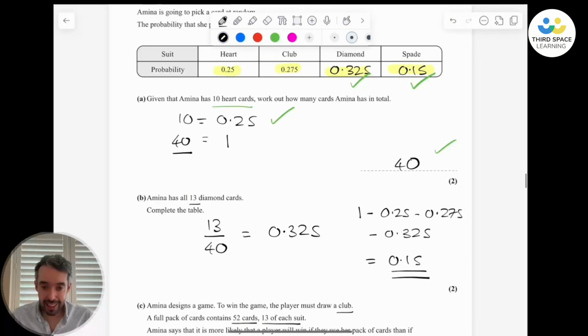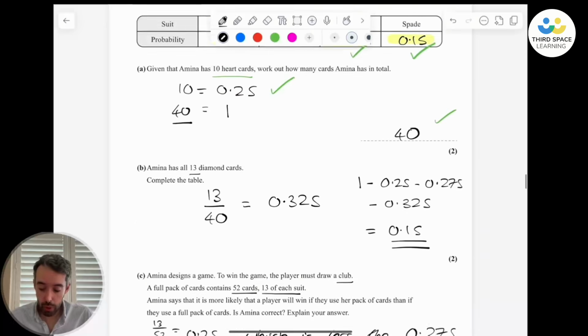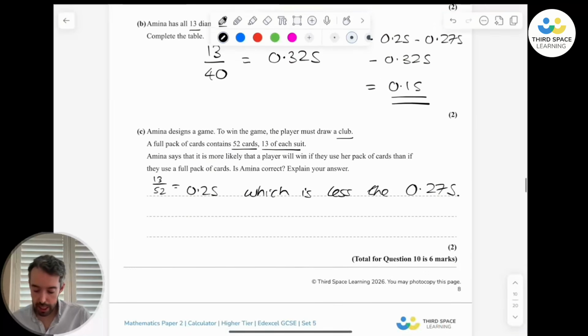Well, that's less than the probability of drawing a club from Amina's pack, which is 0.275. So that means it is more likely that you will win if you're using Amina's pack.